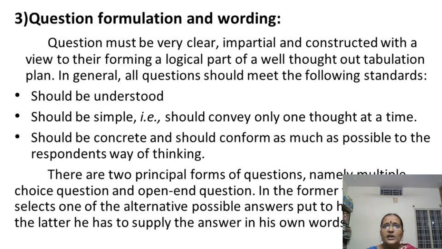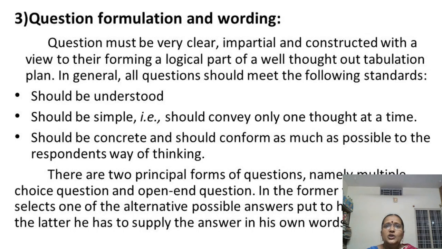Questions must be very clear, impartial and constructed with a view to their forming a logical part of a well thought out tabulation plan. In general, all questions should meet the following standards. They should be easily understood, should be simple, that is, should convey only one thought at a time.